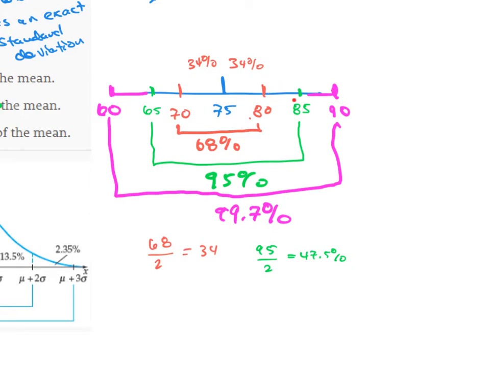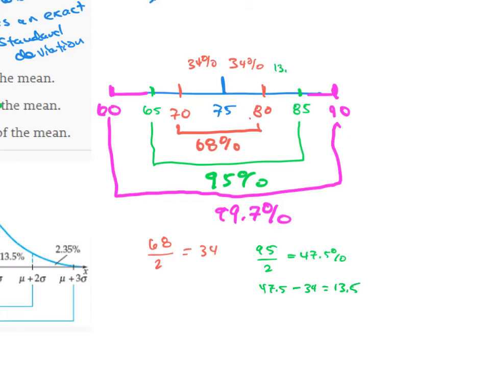So the question becomes, how much is there between 80 and 85? Let me say that again. 47.5% have to be between 75 and 85. But we know that 34% are between 75 and 80. So the way that we find the amount from 80 to 85 is we subtract 47.5%, what the whole thing has to be, minus the 34%, which is the 75 to 80, and that gives us 13.5%.